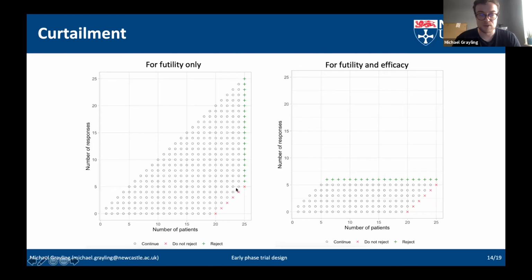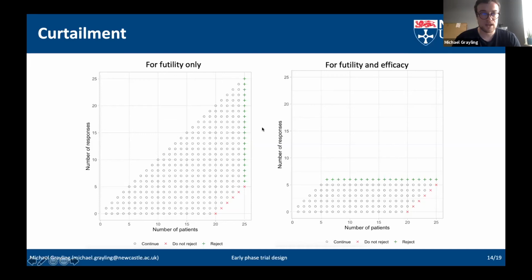Whereas if we're only stopping when we can say that we will not be able to reject our null hypothesis, we just cut out this bottom corner here. But in either case, again, because we are chopping out the possibility that we end up in a certain number of states, these trials are more efficient over a standard approach.